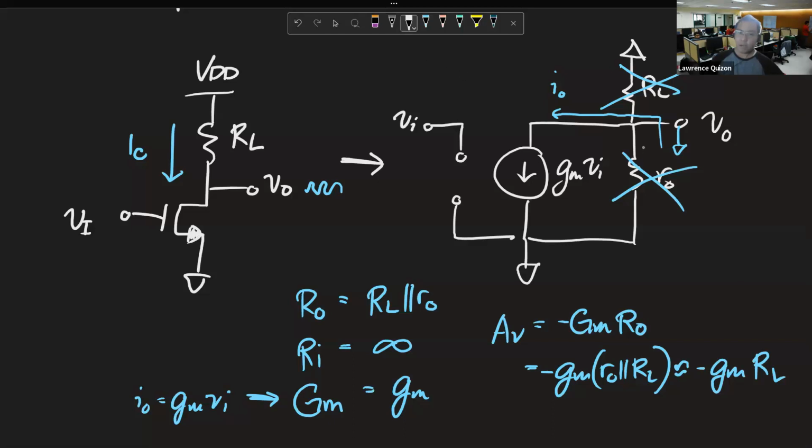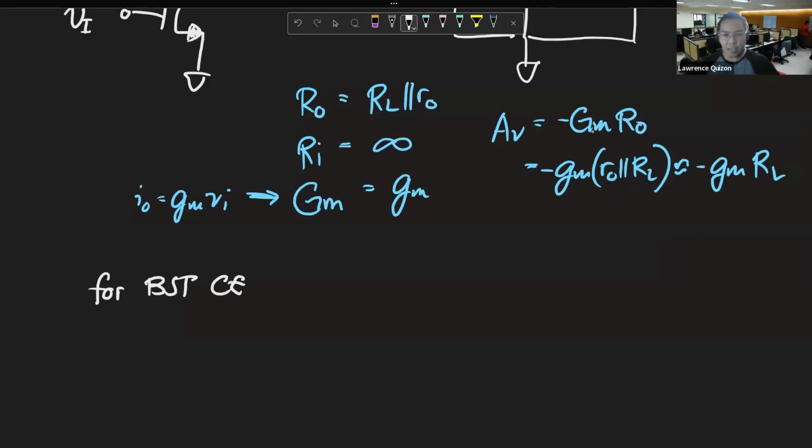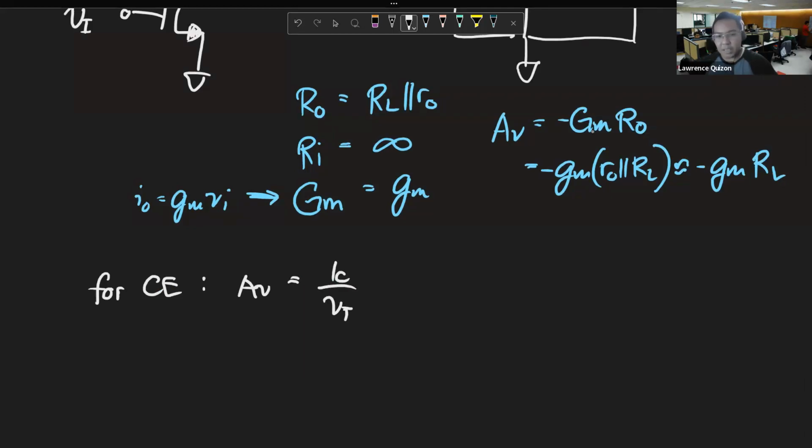The only difference is, for BJT CE, AV would be equal to IC over VT times RL.